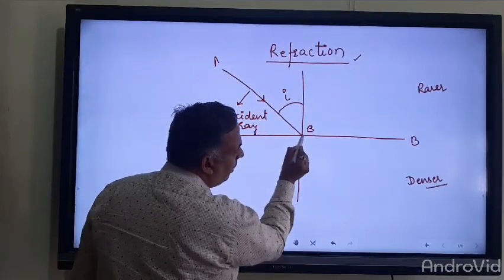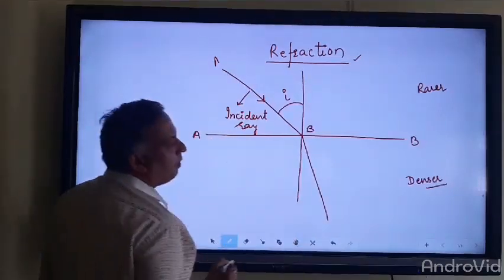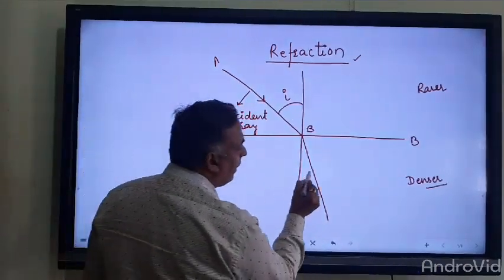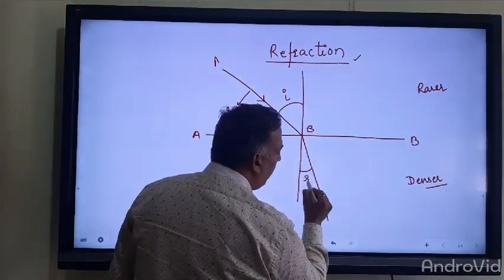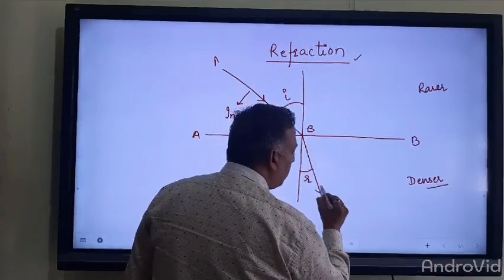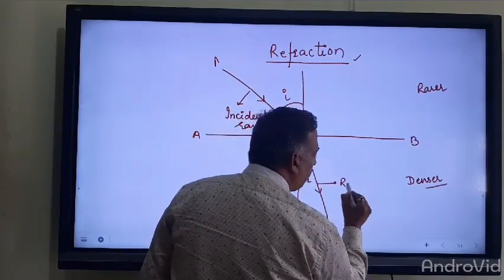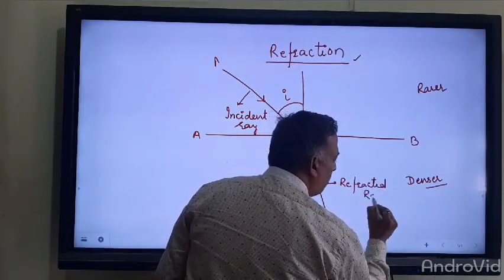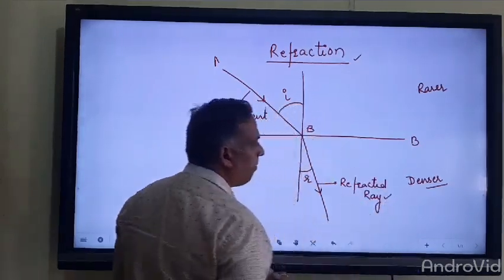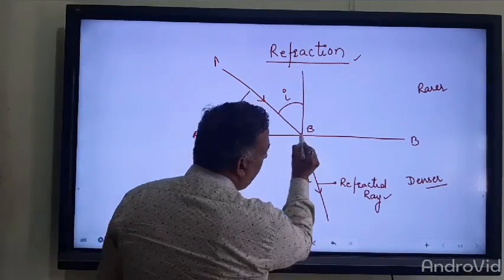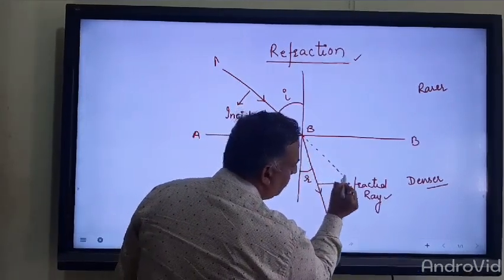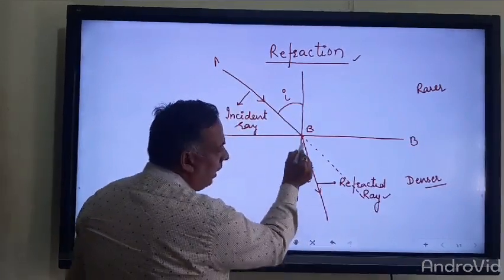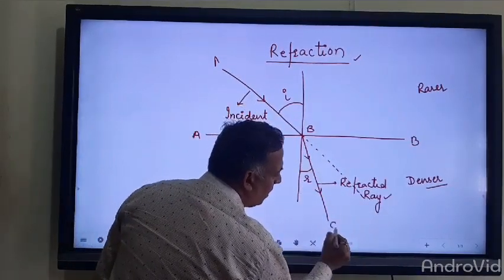When the ray goes from one medium to another medium, it will bend from its path. So this is called the angle of refraction, and this ray is called the refracted ray. Otherwise it would go straight in this way, but it goes in this direction along BC.